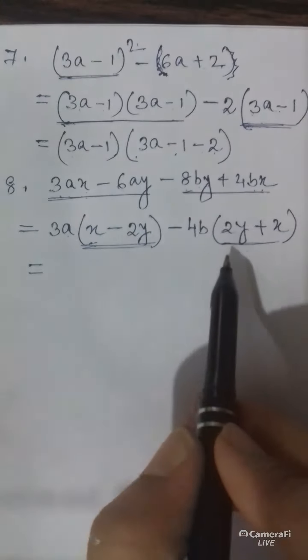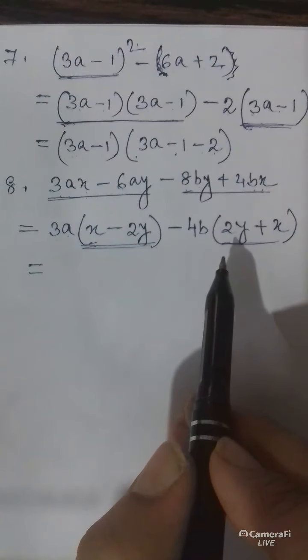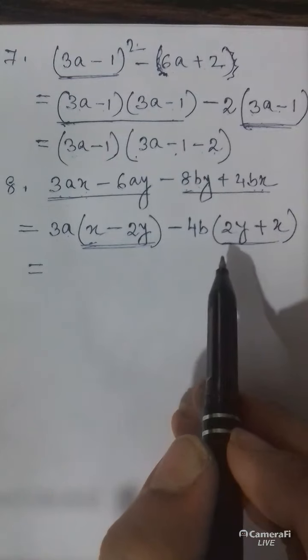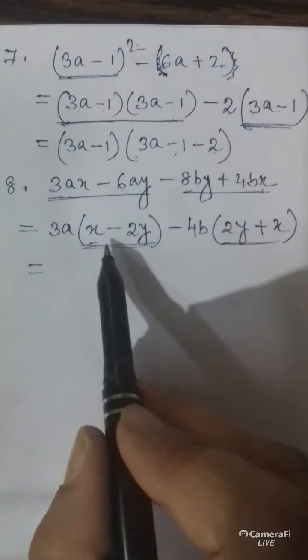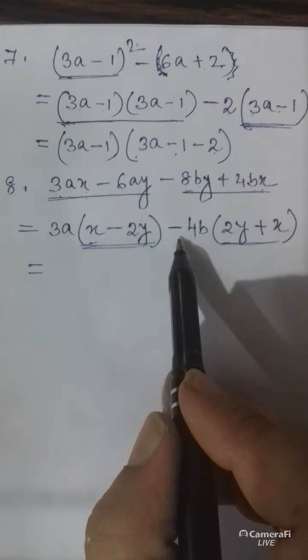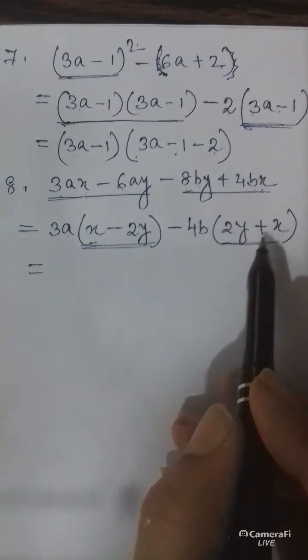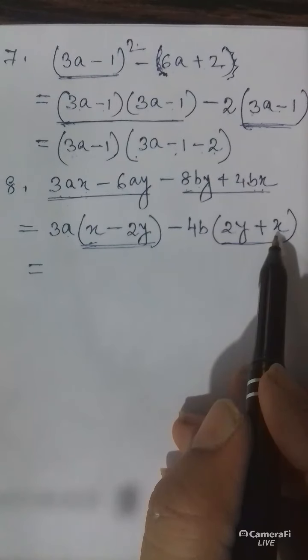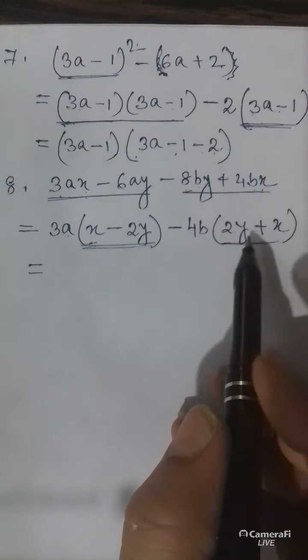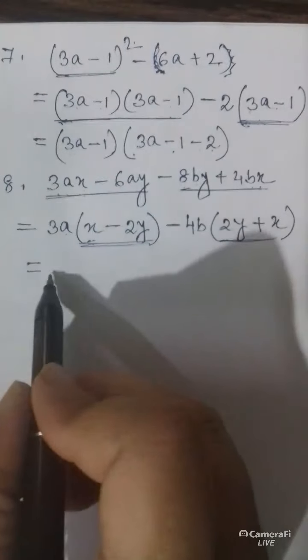There is no common factor. We have to make it a common term. 3a into x minus 2y and minus 4b into 2y plus x. We have to change this. How is it possible?